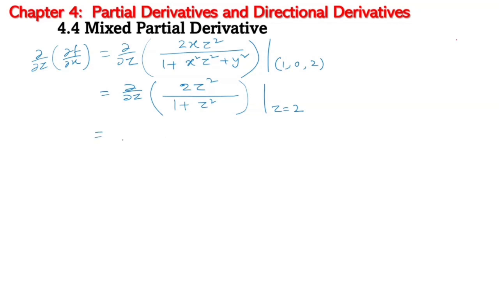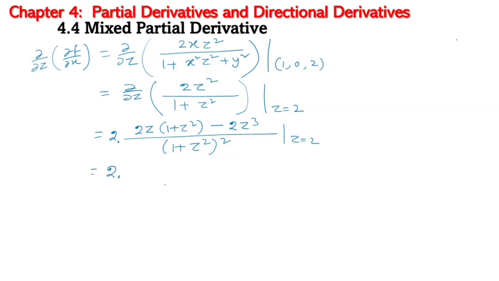So therefore we get the derivative. What will be the derivative here? It is (1 + z²)², and the numerator is 2z(1 + z²) minus 2z³, at z equal to 2.